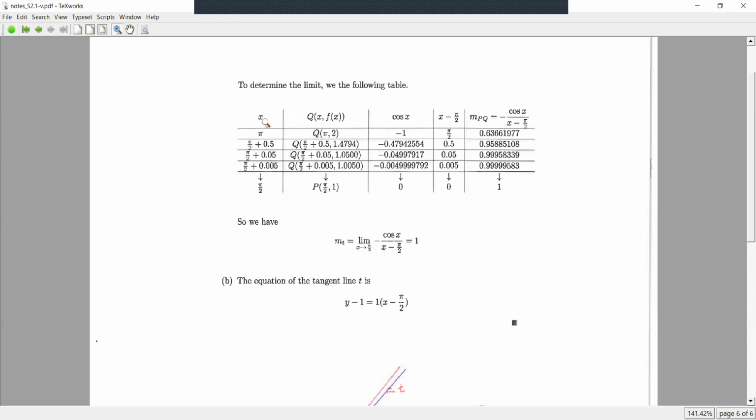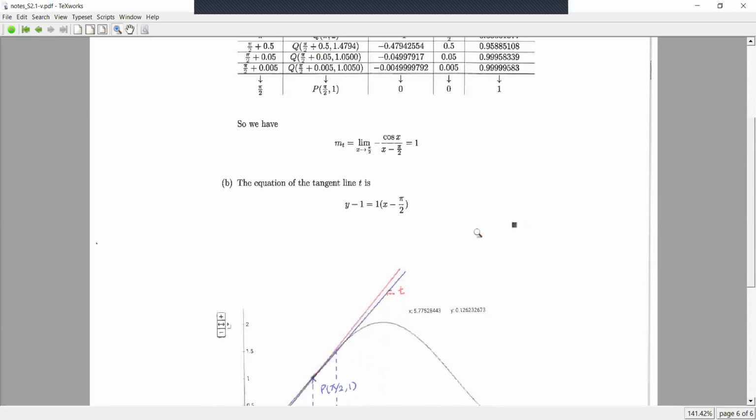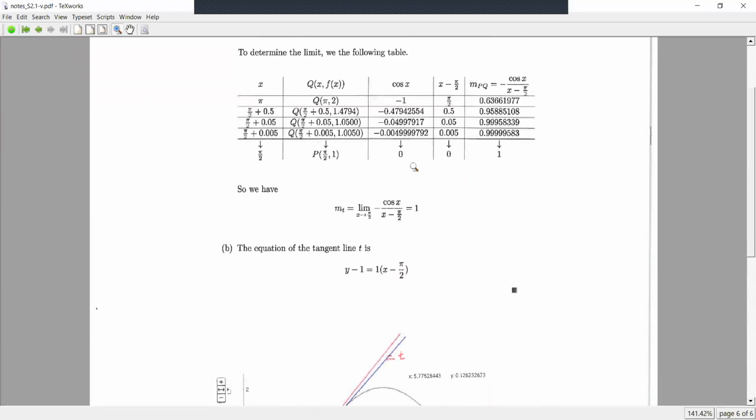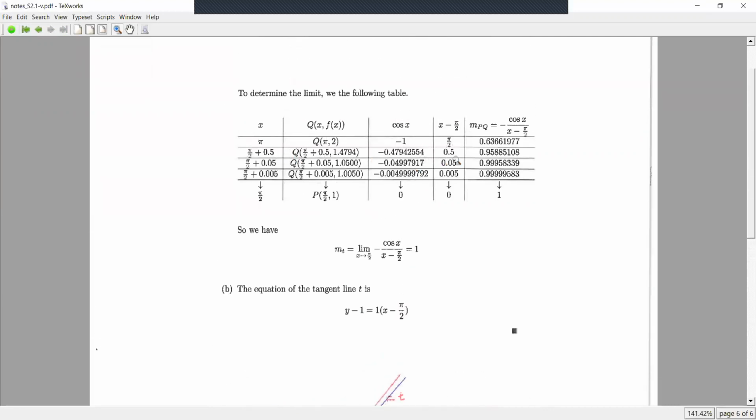For example, when x is pi over 2 plus 0.5, the corresponding point Q is this point. In the graph, the point Q is here. Yeah, this point is pi over 2 plus 0.5. The slope of this blue line, from the table, is 0.9588 5108.